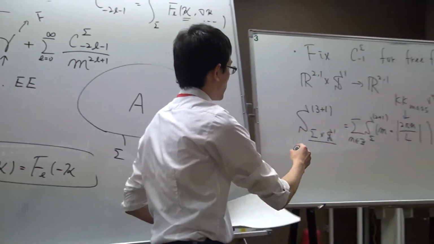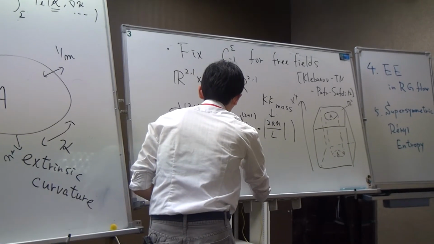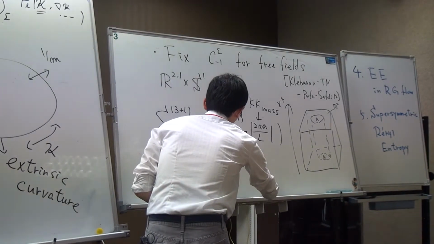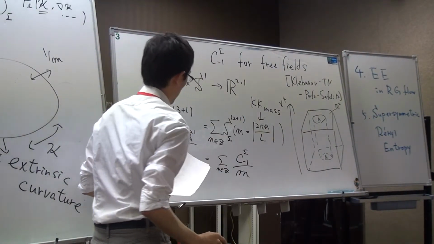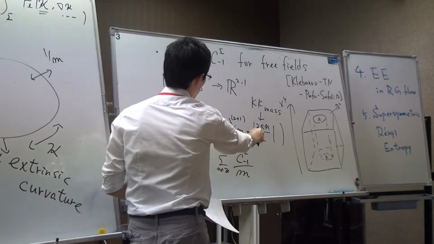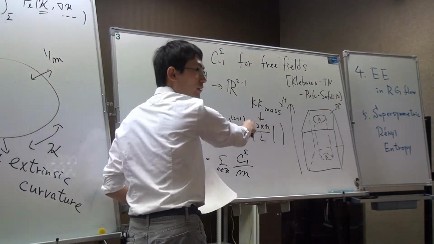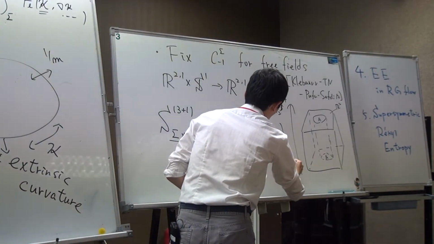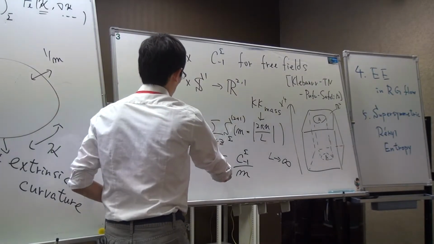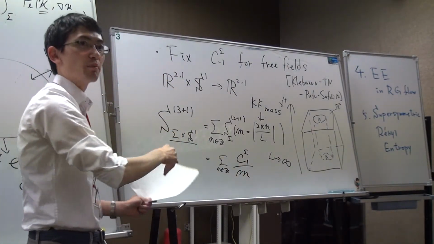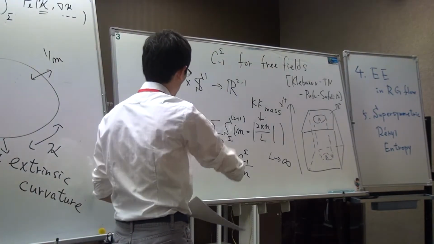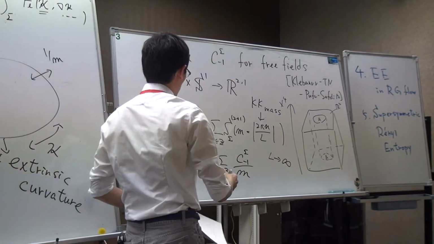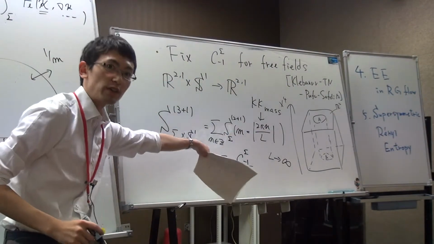I mean, in the right-hand side, you have a summation over 1 over m, but here m is supposed to be linear in n. So after taking the L goes to infinity limit, you can replace this summation by an integral. But you have to have a UV cutoff in 4 dimensions. So you cut off the higher momentum modes, and then you will get the log divergence from the right-hand side.